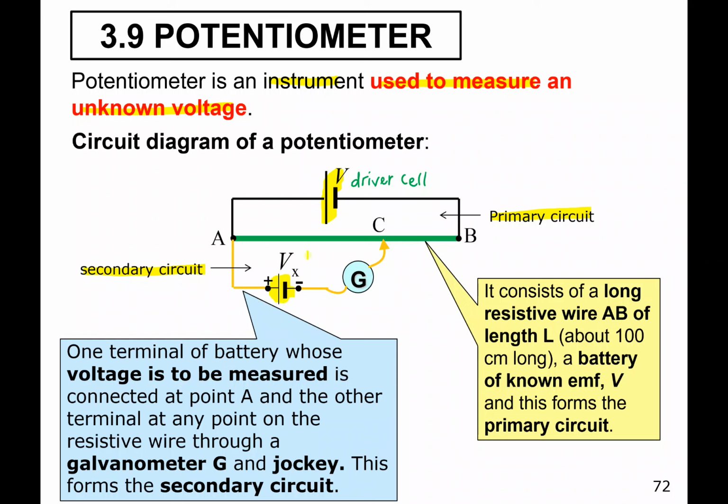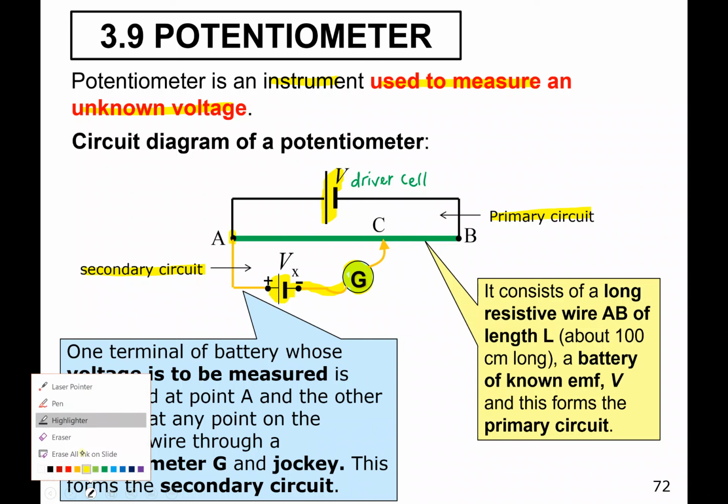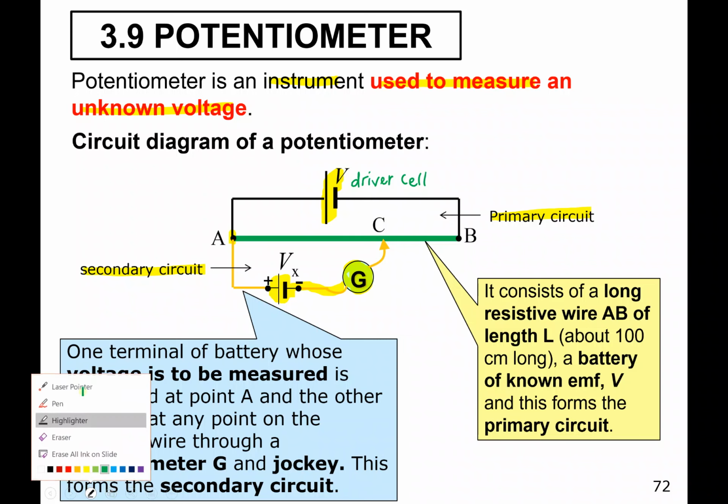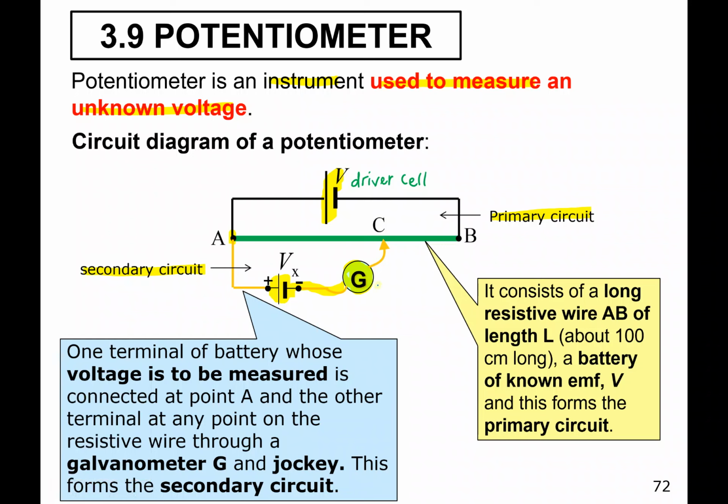One terminal is connected to point A, which is on the long wire, and the other side of the battery is connected to the galvanometer and also the jockey. The galvanometer is used for measuring current. And the arrow here represents the jockey.